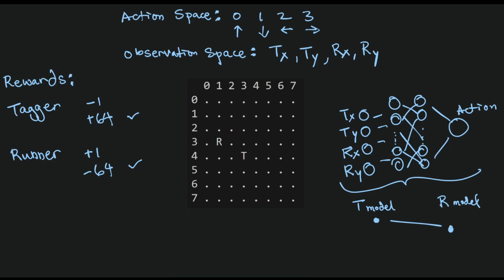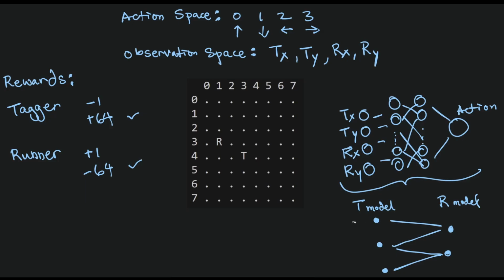After training the runner model for a certain number of episodes, you guessed it, we'll switch back to the tagger model, pit it against the runner model, and of course, we're going to go back and forth like this until you are satisfied with the training results. Yeah, so it is that simple.